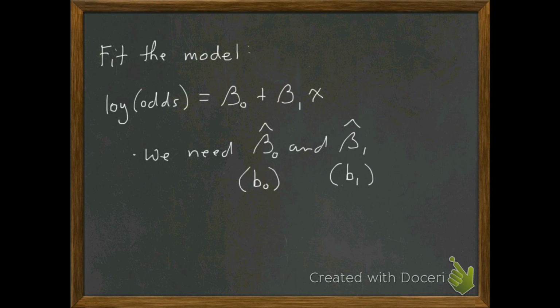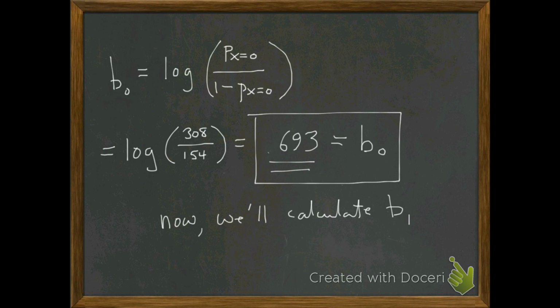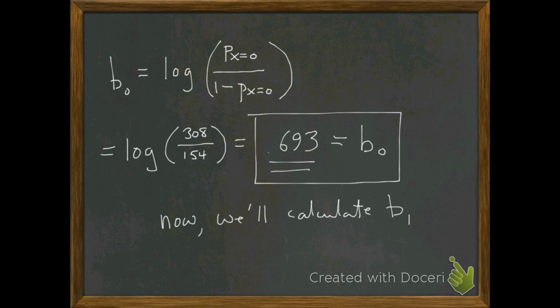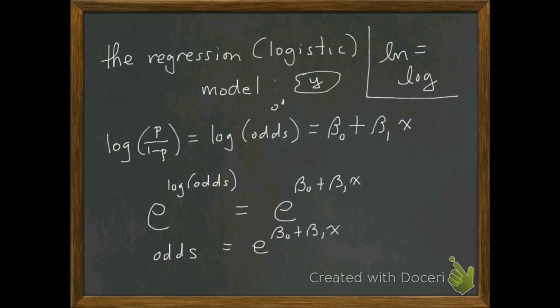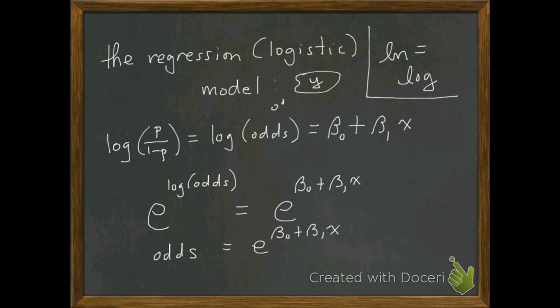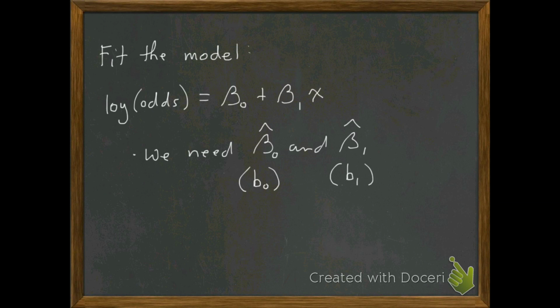Has the negative 2.3 shown up anywhere before? It actually has. It was the natural log of the odds of survival for the male versus female. Okay. Well, it's going to show up here in just a second.